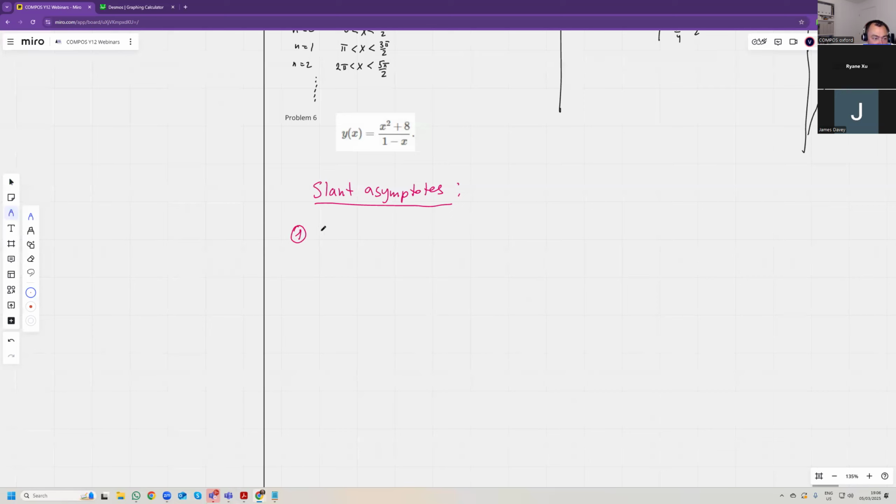First is the formal method. Y equals mx plus c is a slant asymptote, where m is the limit of f of x divided by x as x tends to infinity.